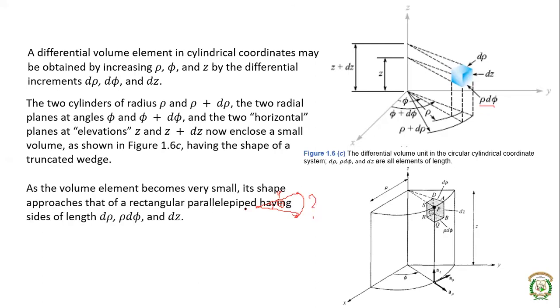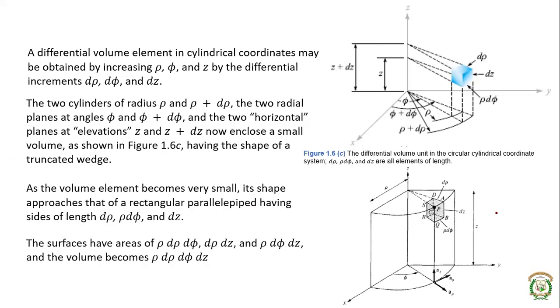If the volume element is very small, you can approximate it to a rectangular parallelepiped with lengths of d rho, rho d phi, and dz. So the surfaces, there are again 6 surfaces.